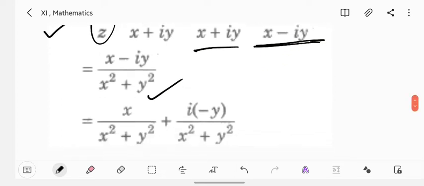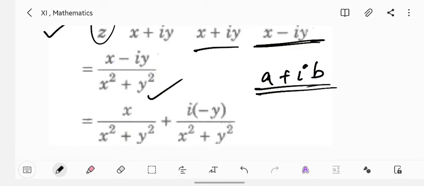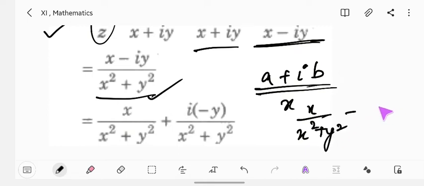When we separate it in the form a plus ib, it looks like this: x by x squared plus y squared, minus iy by x squared plus y squared.